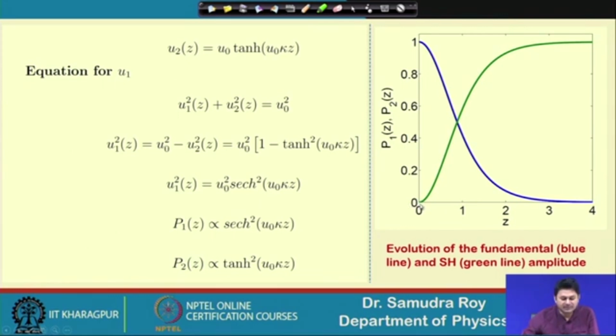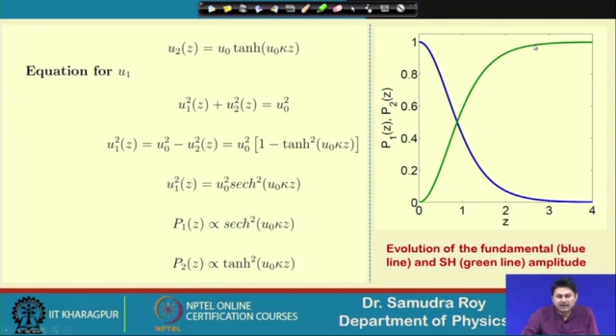That means there is no second harmonic at z equal to 0, and if I go forward with increasing z, then gradually the second harmonic will gain some energy, the amplitude will increase, this is in normalized form, and it reaches a maximum and then saturates.